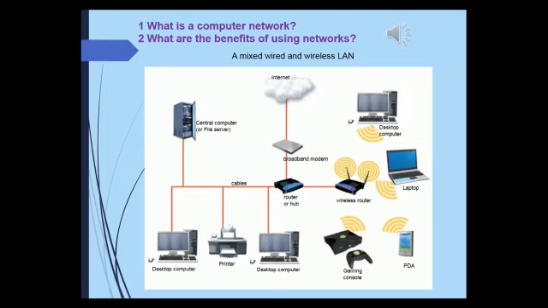In the existing fixed wired LAN, the central computer is a file server with a large hard drive used to store common files and application programs. The computers, acting as clients, are connected to the file server and to a printer via Ethernet cables.